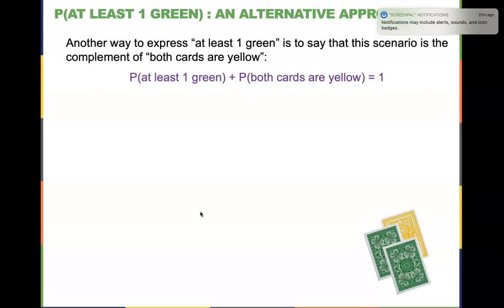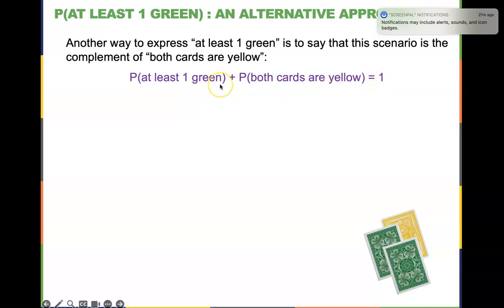Another way to express at least one green is to say that this scenario is the complement of both cards are yellow. So because the probability of at least one green, which covers 3 different scenarios, plus the probability of both cards yellow, encompass all possible outcomes of drawing the cards, the sum of these 2 is going to be 1.